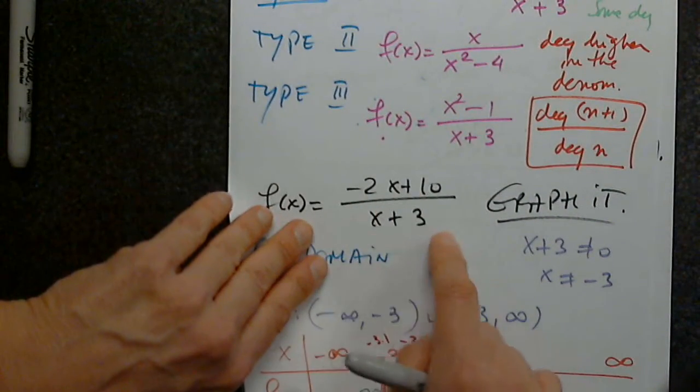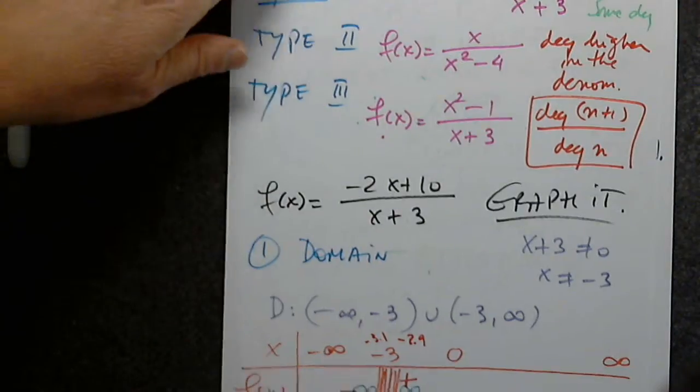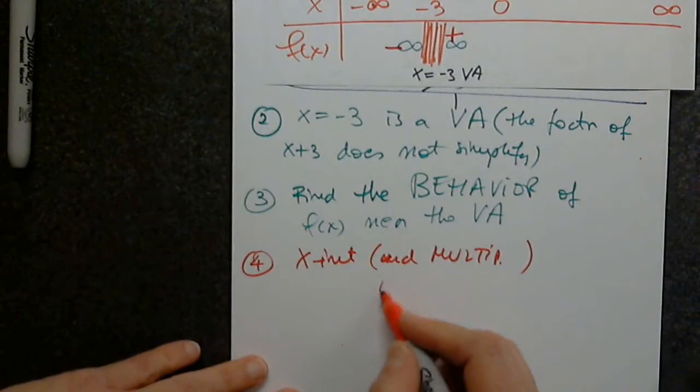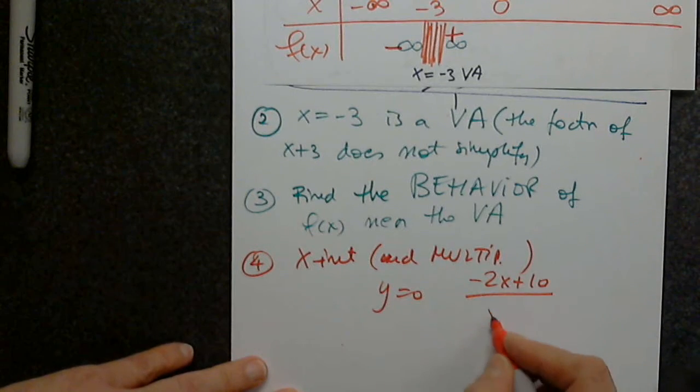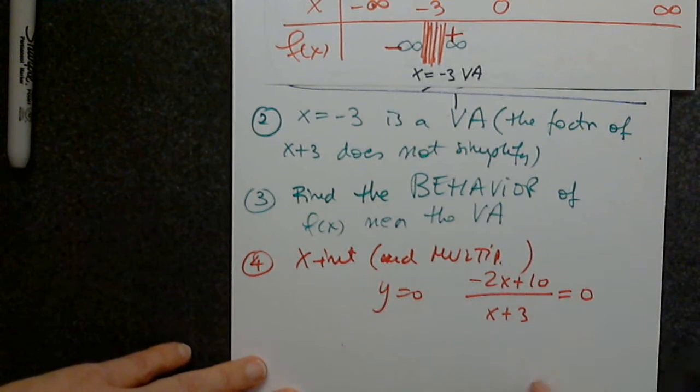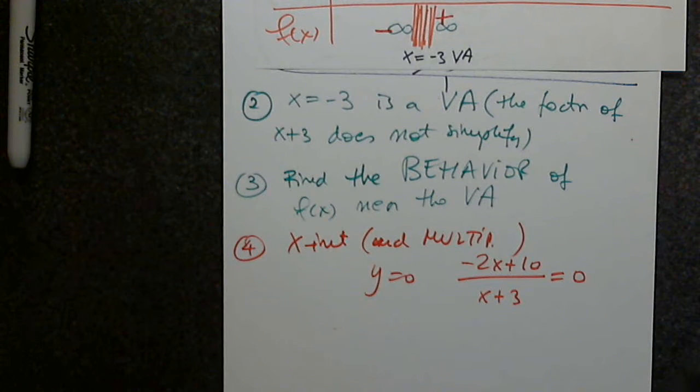-2x plus 10 over x plus 3. When is this function 0? I have to write y equals 0. -2x plus 10 divided by x plus 3 is 0. When is a fraction 0? Only when the numerator is 0. Good.